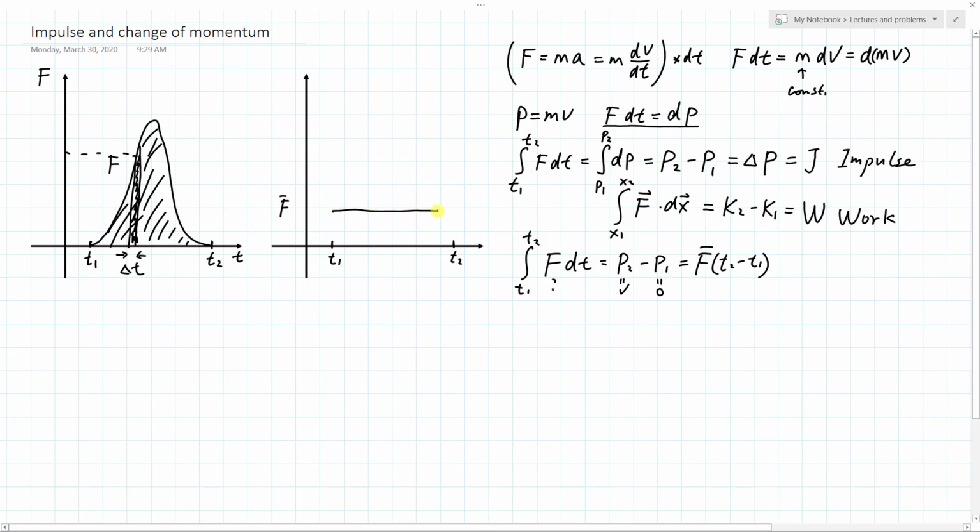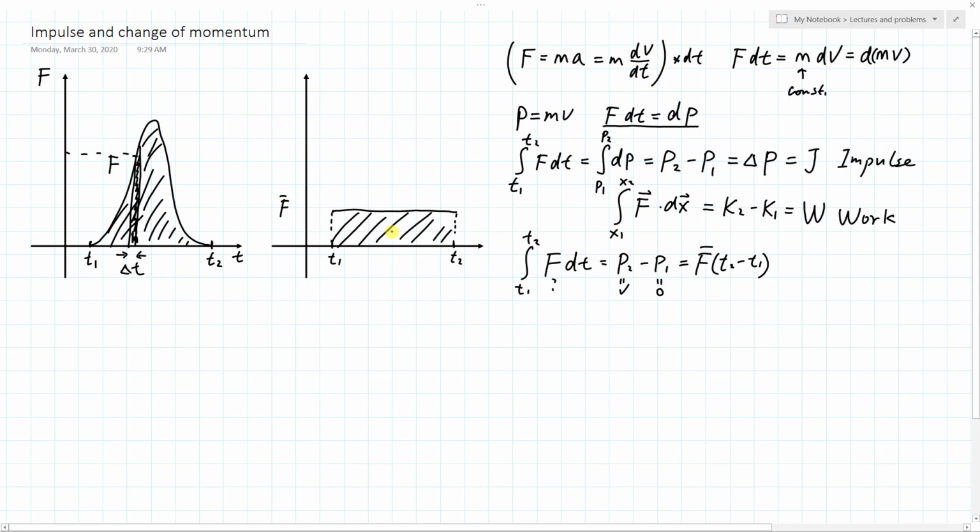We're not exactly sure where this height is, but we know that this total area must be equal to this total area, and this average force will be a good estimate of the effect of this variable force. So although you don't know the maximum force or the exact change of force, you have an average, so you can anticipate the effect of such an average force.